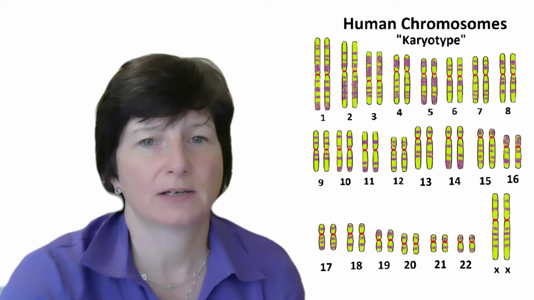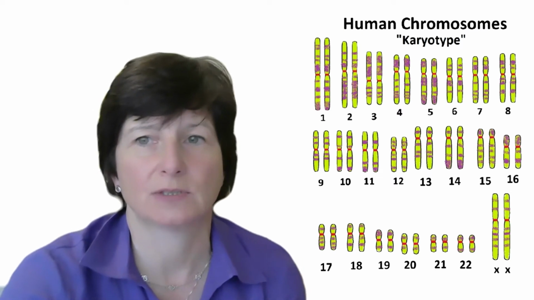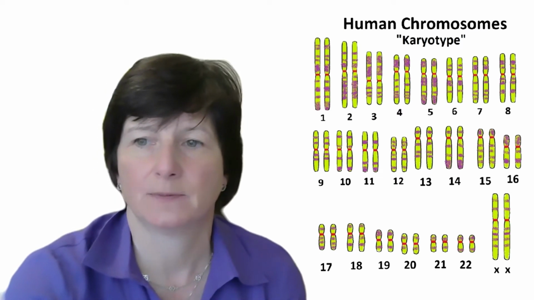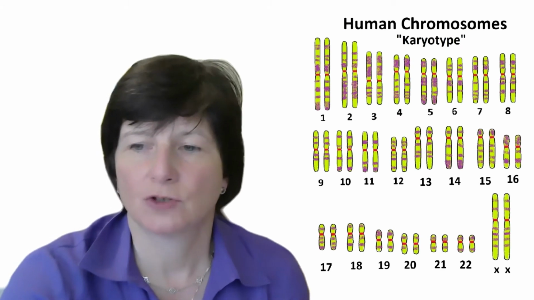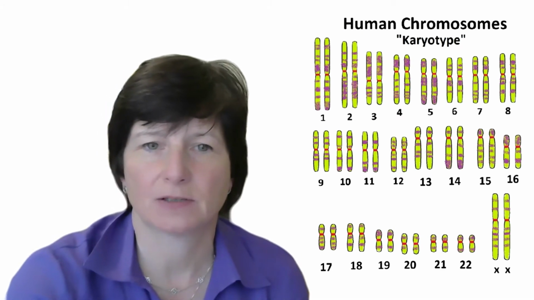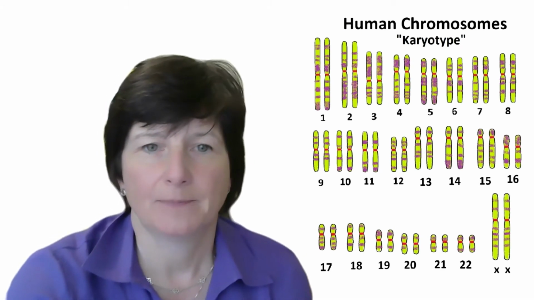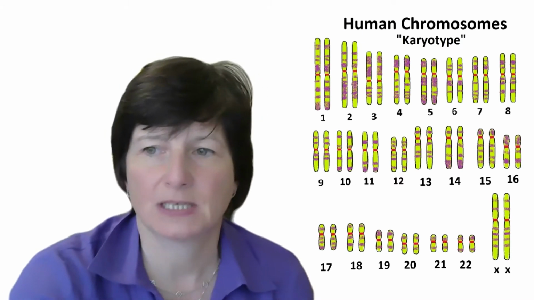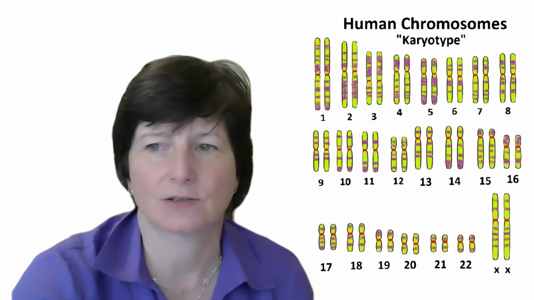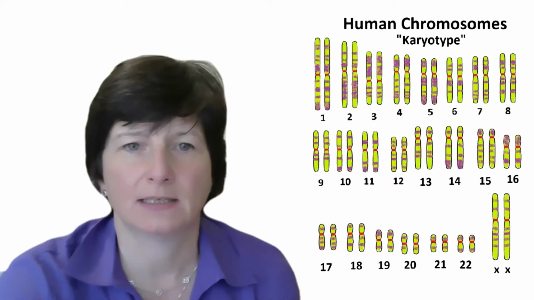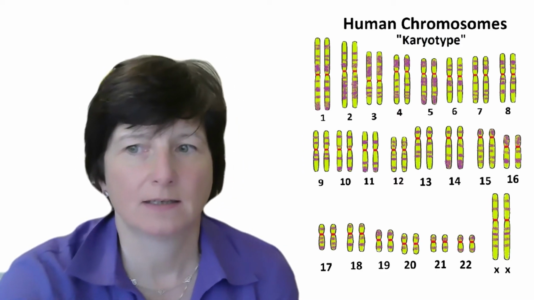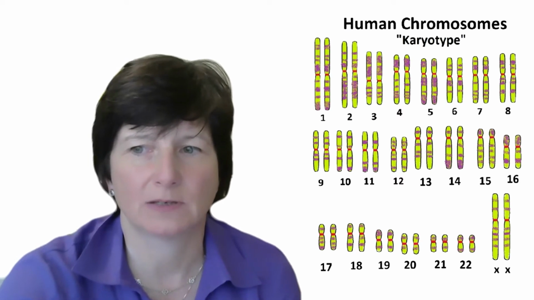The DNA winds around histone proteins when it goes into the chromosomes. Humans have got 23 pairs of chromosomes. In this particular cell, at the bottom right, you can see there's an X and an X chromosome. That's what you would get in a human female cell. If it was a male cell, you would have an X and a Y, and the Y would be a smaller chromosome.